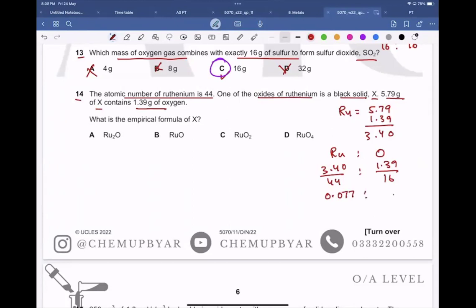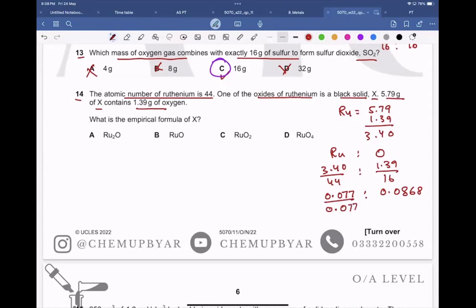And what for oxygen? 0.086. Okay. So the smaller is 0.077.